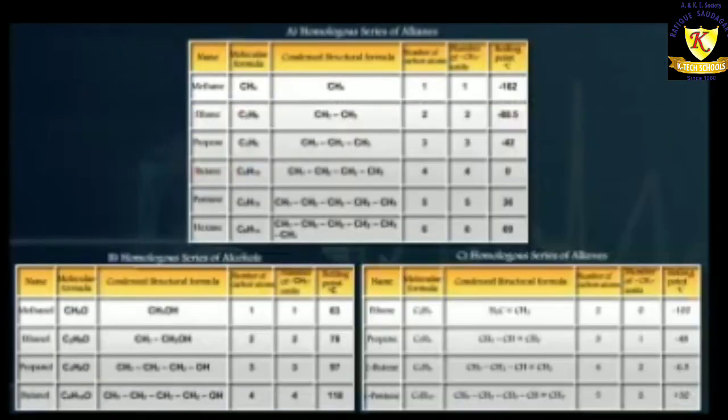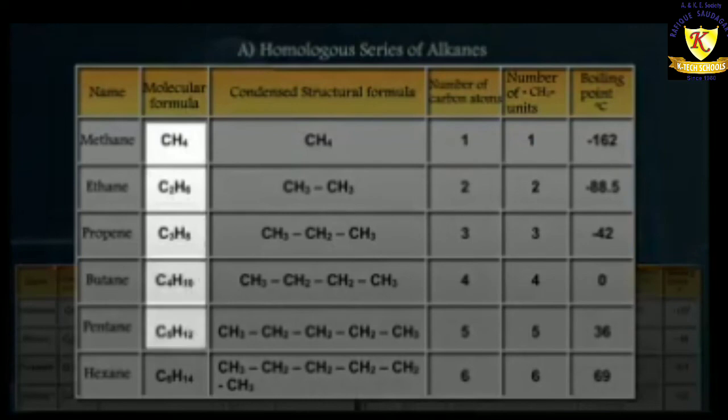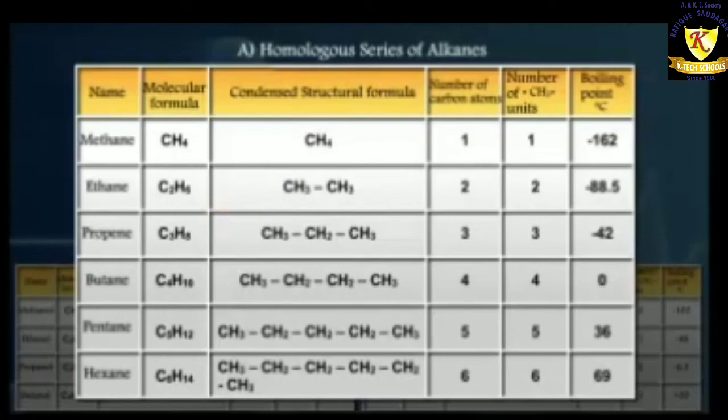From the above example, we come to know the following characteristics of homologous series. While going from one member to the next in a homologous series, one methylene, that is CH2 unit, gets added. Molecular mass increases by 14 dalton.